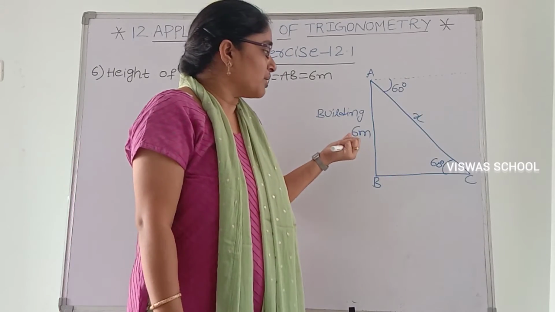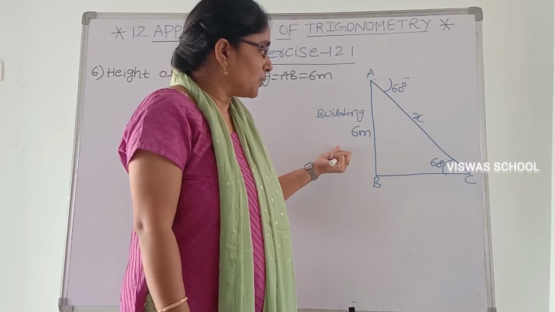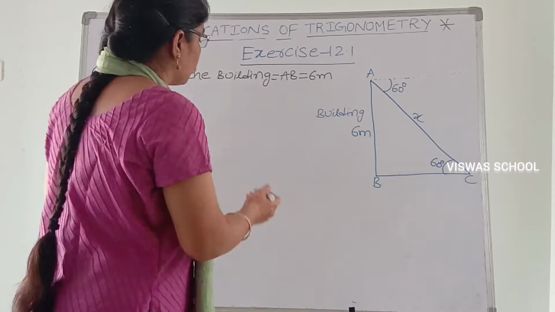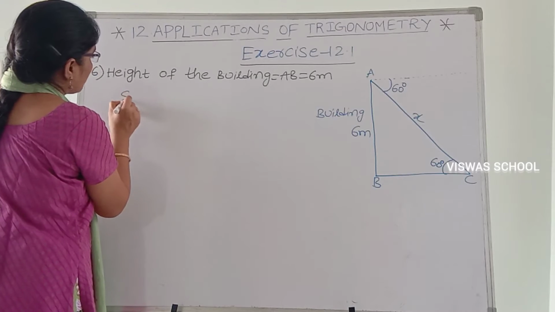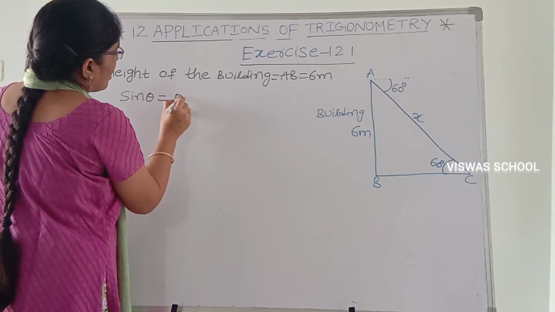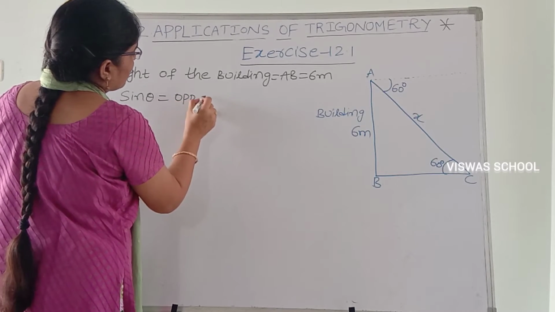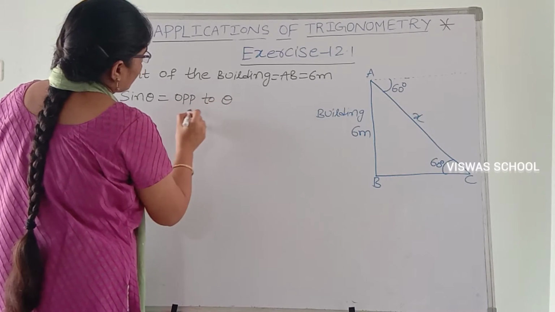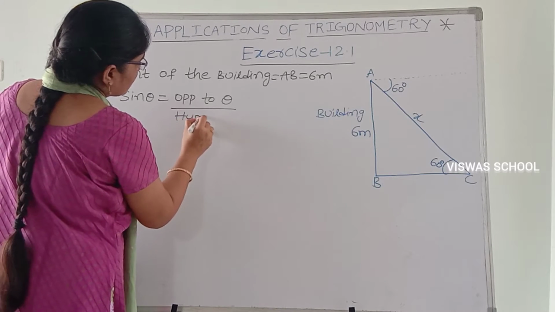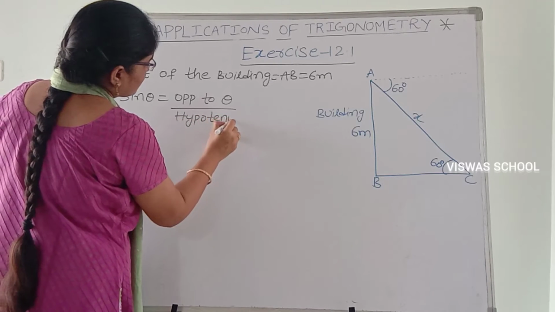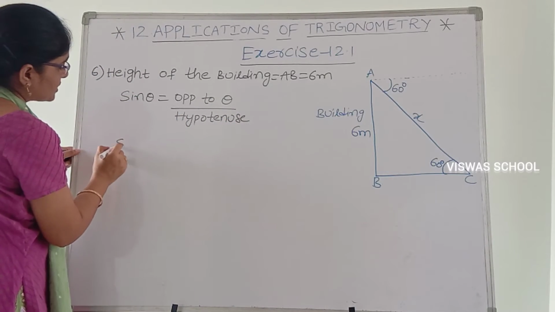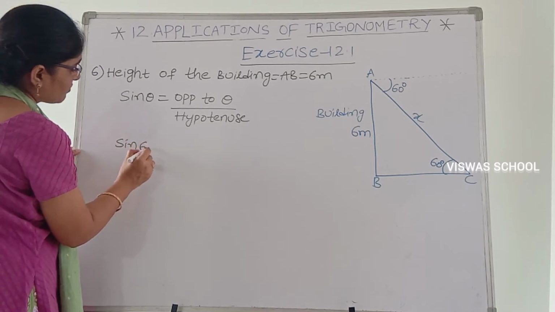What is the trigonometric ratio related to the opposite and hypotenuse here? Sine. That is, sine theta is equal to opposite to theta by hypotenuse. The value of theta here is 60 degrees.